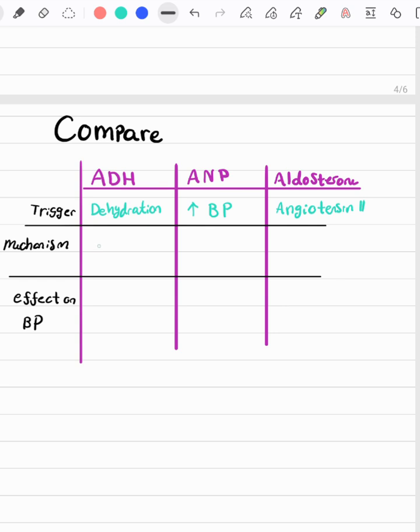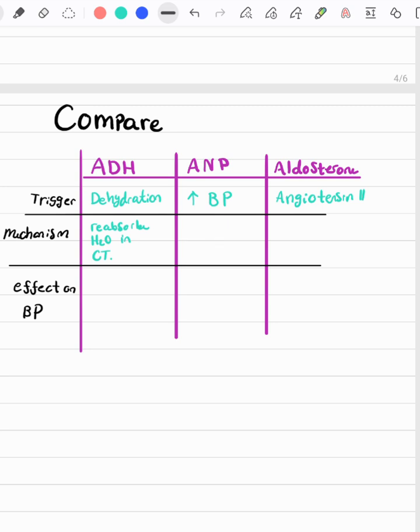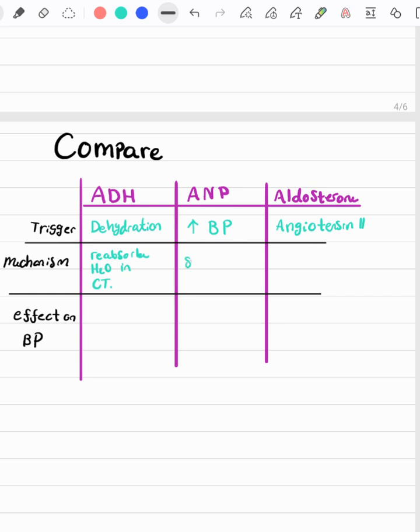So for their mechanism, with ADH you're going to reabsorb water in the collecting duct. For the natriuretic peptide, its mechanism was going to oppose aldosterone and stop sodium reabsorption.